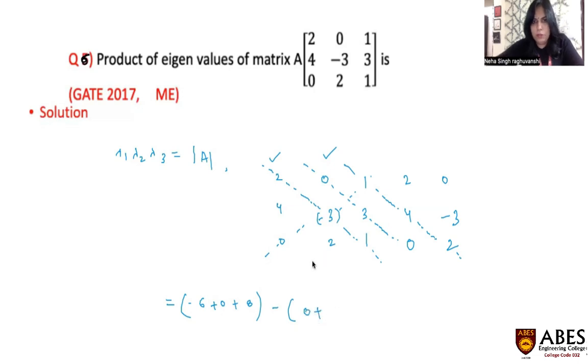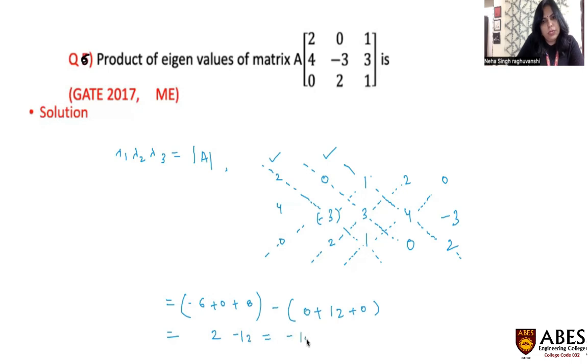Then plus, multiply these elements, 3, 2 and 2, so 3 to 6 to 12. Then multiply 1 with 4, then 0. So that would be 0. Here you can see this is 2 minus 12, that is minus 10. This is the shortcut method by which you can find the determinant. So the answer would be minus 10.